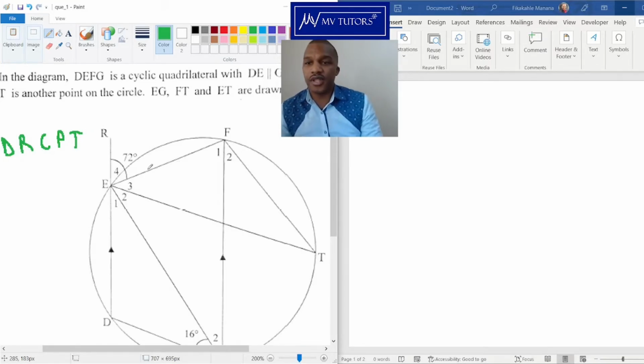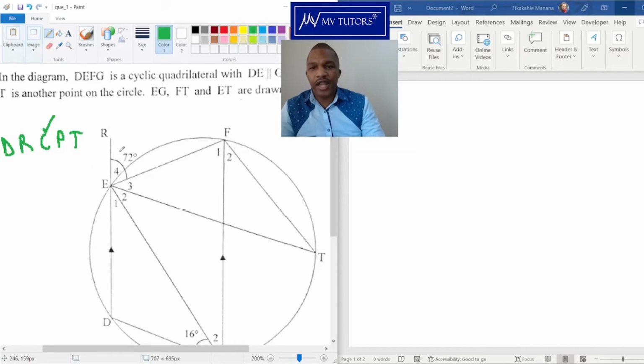Now, what I do with this is I go, do I have a diameter in this question? No, I don't. So I don't need any laws associated with diameters. Do I have a radius in this question? No, I do not. So none of those laws will matter. Do I have a cyclic quad? Yes. So I need all the laws associated with cyclic quads.